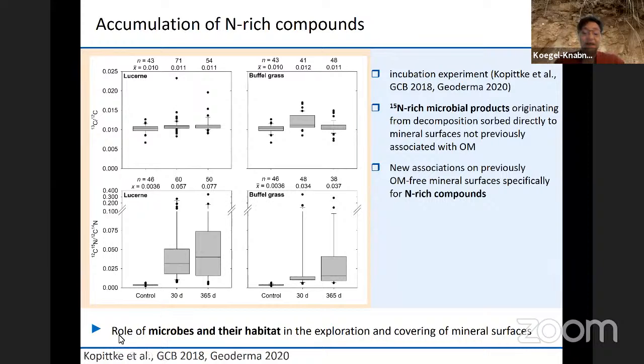So I think it's important, and I think this is something we need to look at much more in the future, how important the role of microbes and their habitat is in the exploration and covering of mineral surfaces.